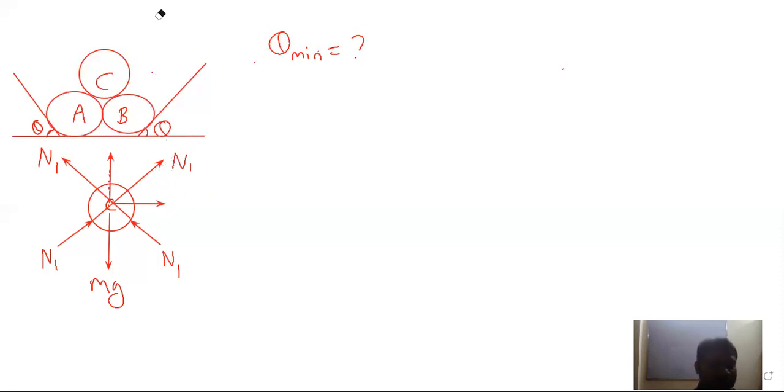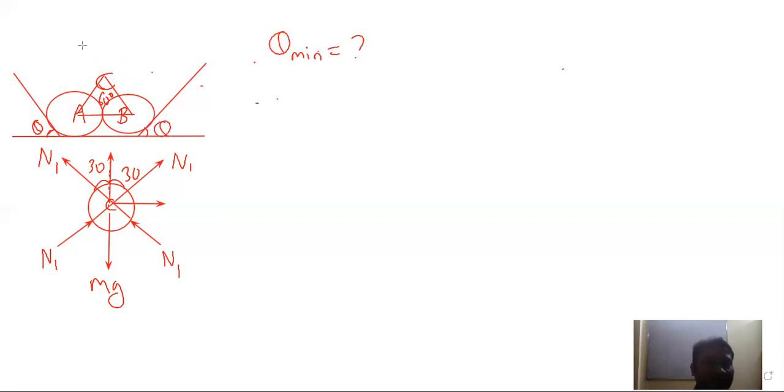In this case we have an equilateral triangle when we join the centers. If I join the centers of these three cylinders, it will be an equilateral triangle. So this total angle is 60 degrees, as it is an equilateral triangle. If I extend this further with the vertical, each of the angles will be 30 degrees as shown. So this angle is 30, this angle is also 30. Let me show it in a better diagram.